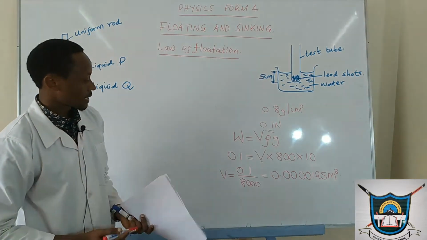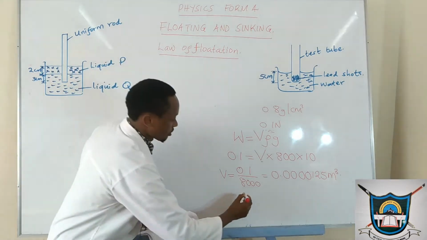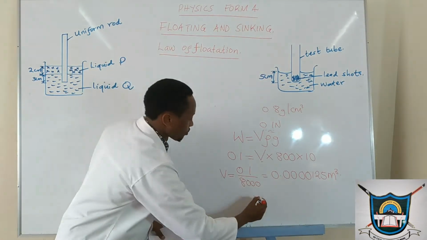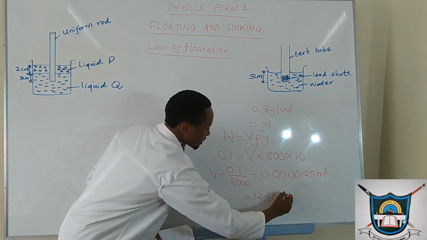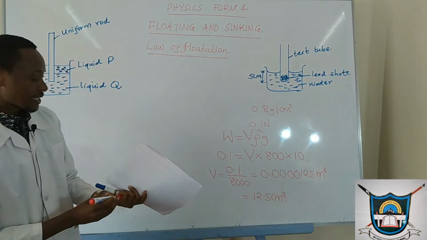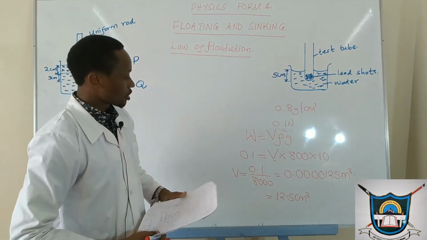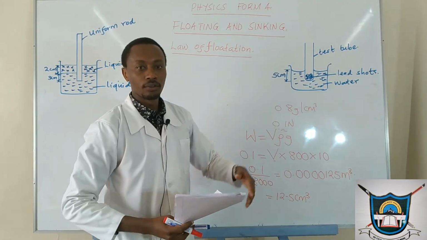We can convert that into cubic centimeters. When you convert, you multiply by 1 million, and you get 12.5 centimeters cubed. That is the volume of the liquid which will be displaced. But our question is asking about the height to which it will float.